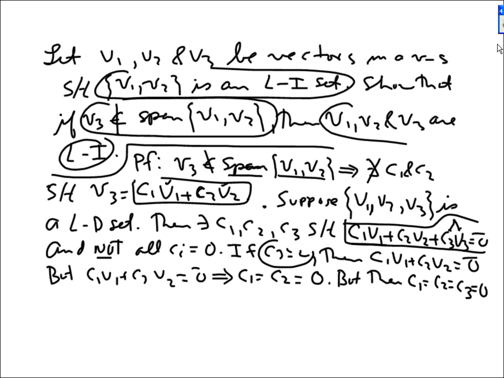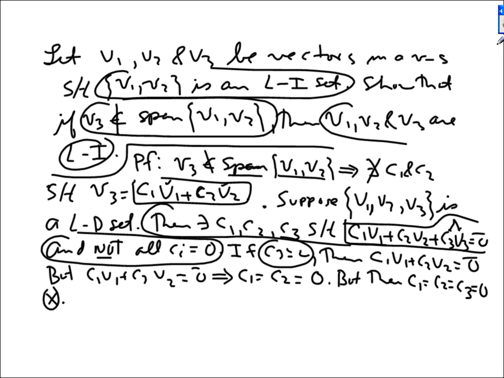But I said there exist C1, C2, and C3 such that that linear combination equals 0, and not all of the Ci's equal 0. So we have a contradiction there.